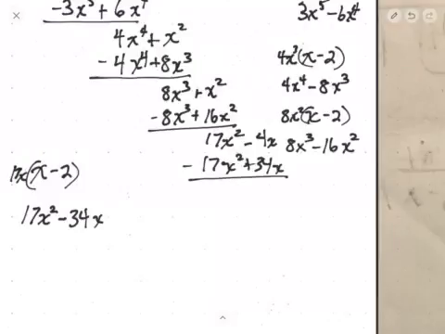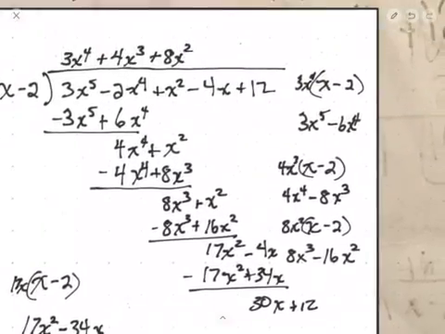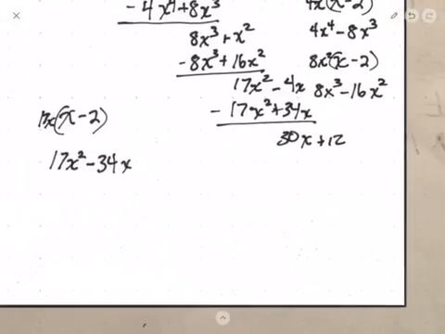So minus plus. So we know that this is just going to be 30x. And let's see, we're going to bring down 12. Plus 12. So I did 17x, so this is plus 17x. And now we need to do this again. X minus 2. We need to multiply this by 30.